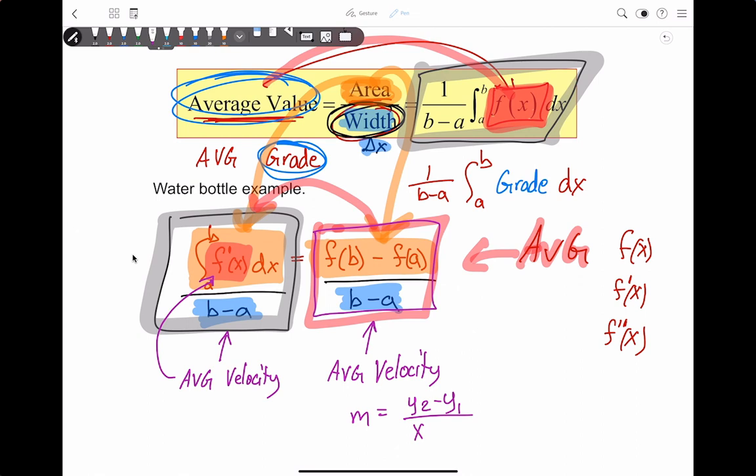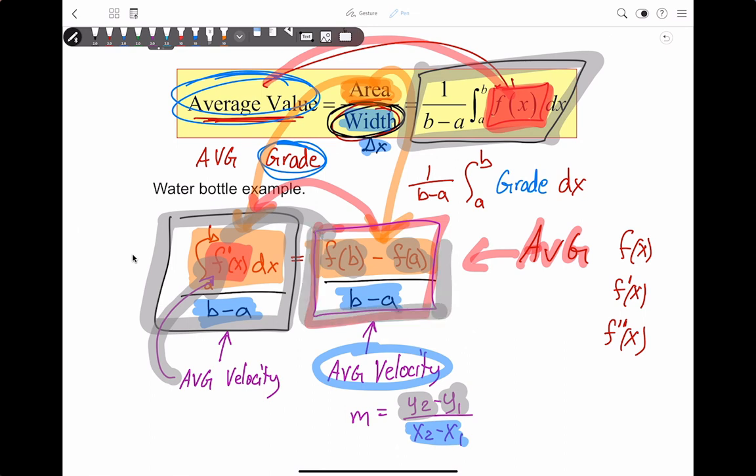And that's what you have over here. y2 is here, y1 is here, and it's over this x2 minus x1. So that's average velocity. In calculus, you put the velocity function in the integrand, and it's equivalent to, notice the one level jump, f prime to f. This is going to be the average velocity, as far as change in position over that delta x.